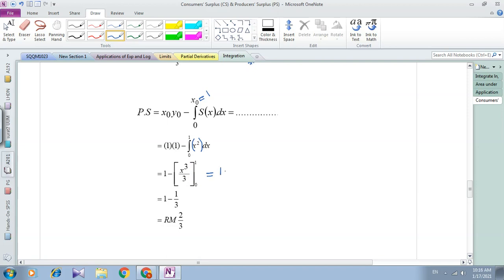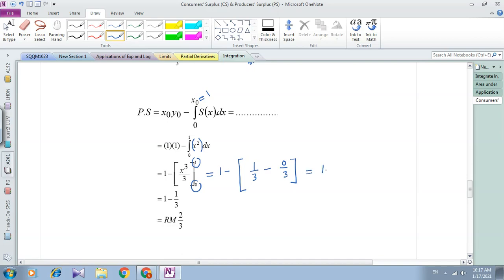So this is 1 minus, this is the value 1, the x naught times y naught, minus, now insert the upper limit, 1 over 3, minus, now insert the lower limit, 0 over 3.